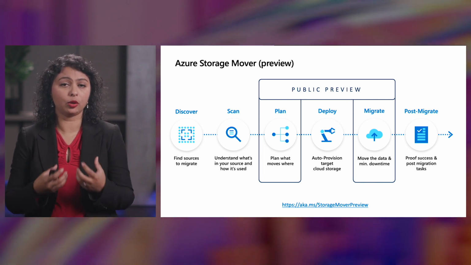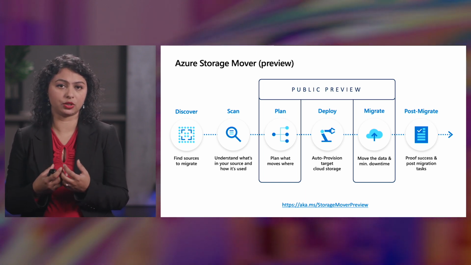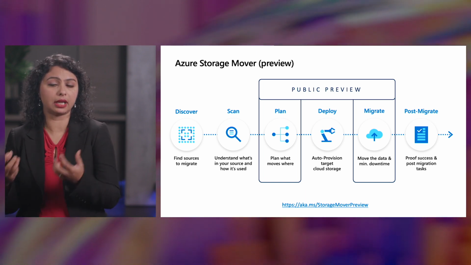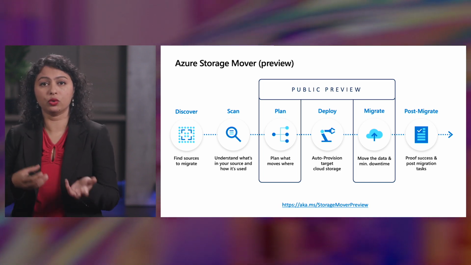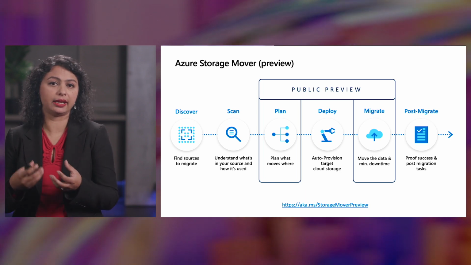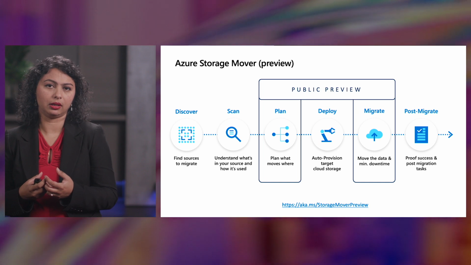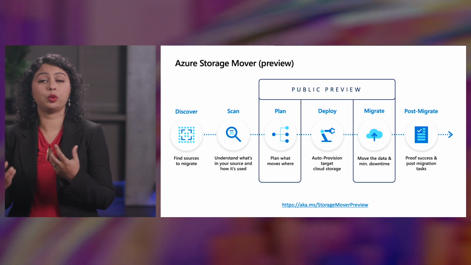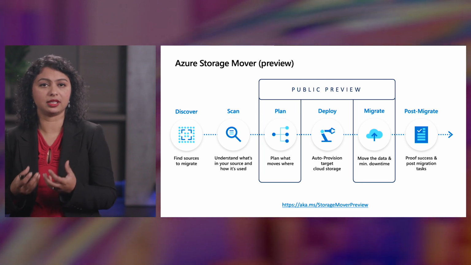You then plan your migration by mapping your source to targets, and then plan the deployment as well, where you auto-provision target cloud storage. You then execute the migration by moving the data for both initial and incremental copies, and then minimize the downtime as well. And you can execute a number of post-migration steps to ensure that your migration has been successful.